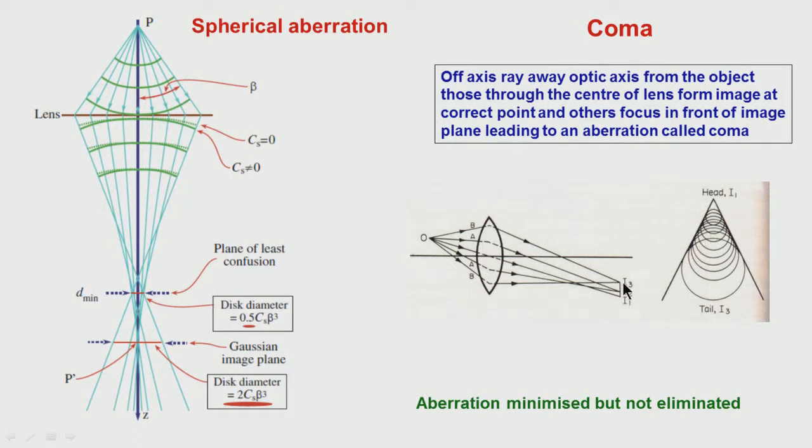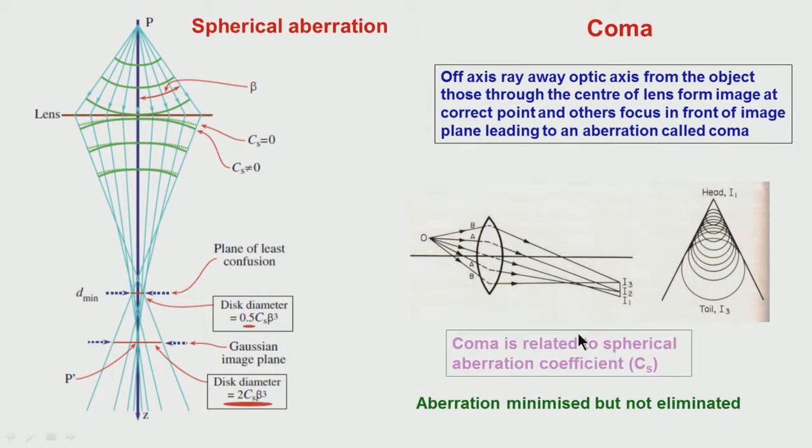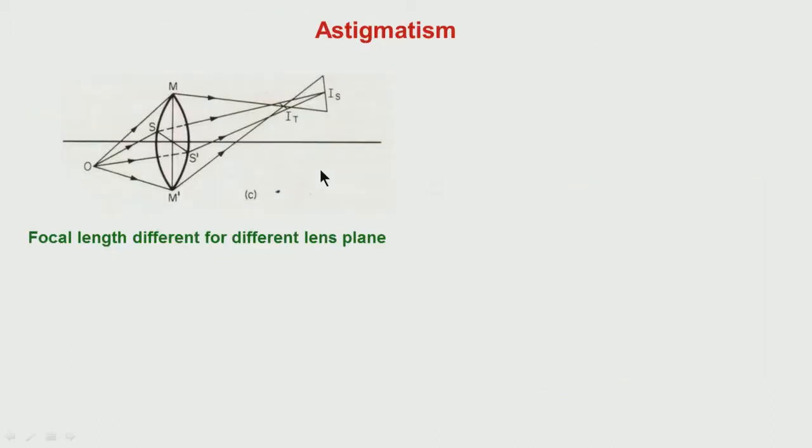From here to here as we go, the size of the image itself becomes large. So, this is like a comet, that is the shape. These are the two aberrations of the microscope, and this is also related to the spherical aberration coefficient Cs.